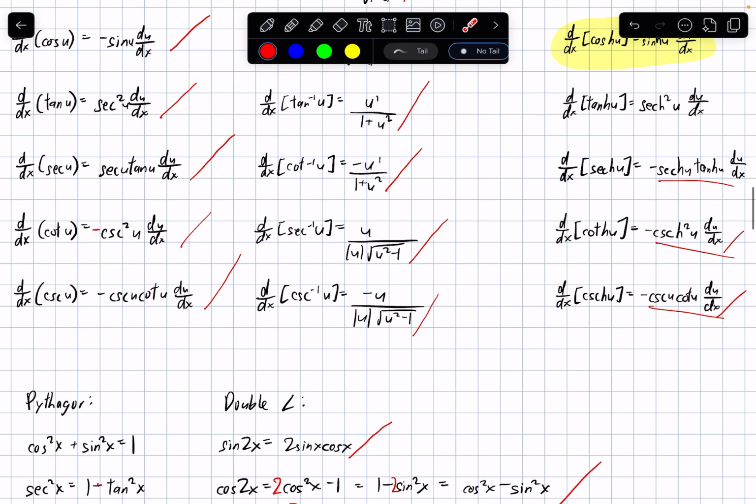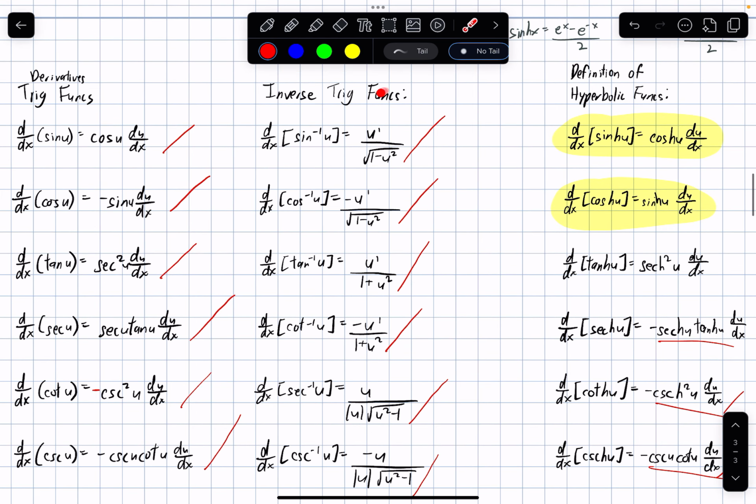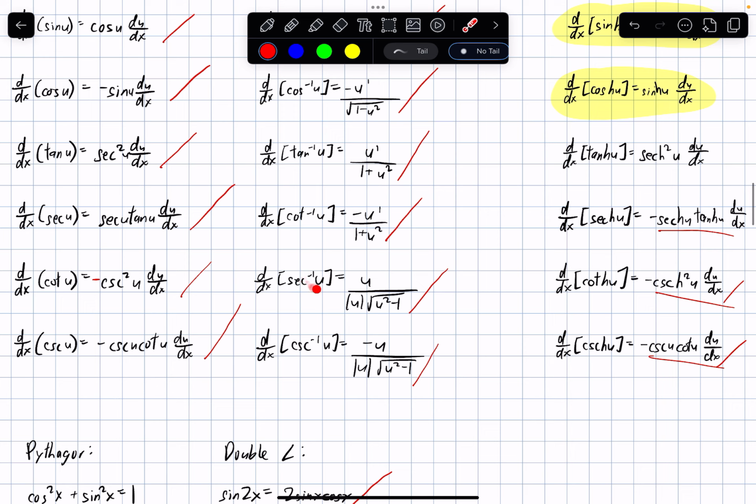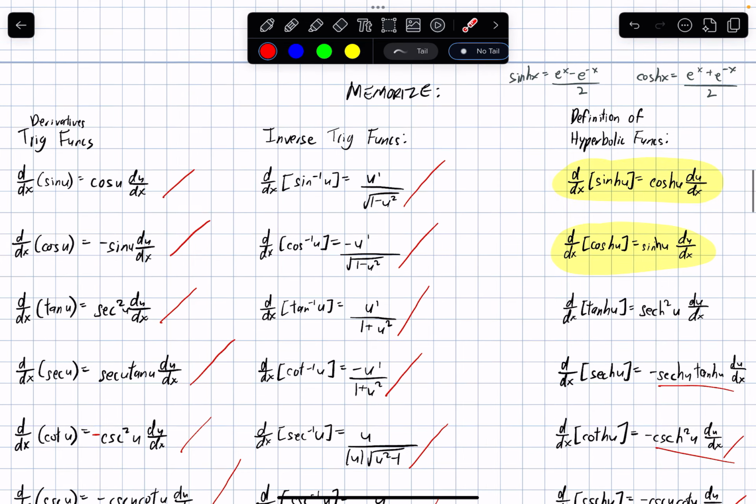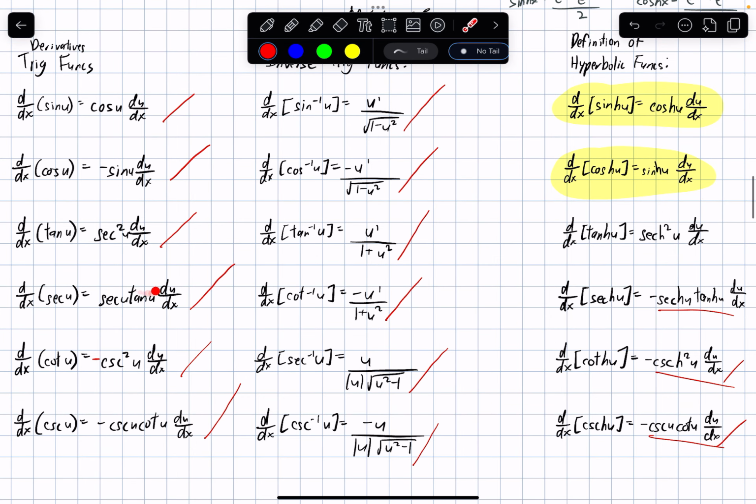Okay? For secant, the difference here, in the list of inverse trig functions, looking here specifically, arcsecant has no negative sign, right? Just the same as its counterpart in the derivatives of trig functions. So both of them are positive.